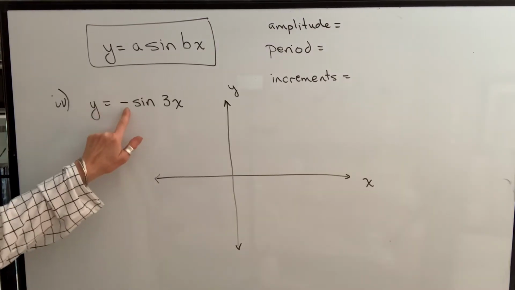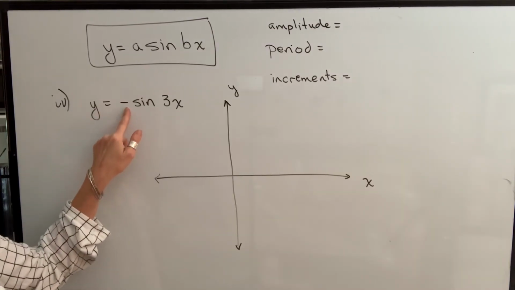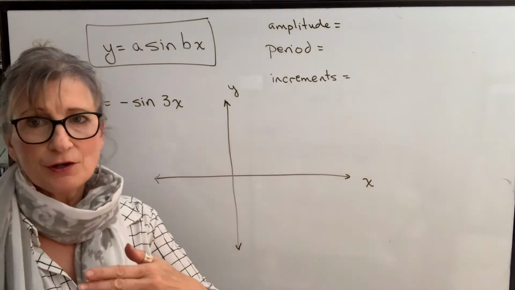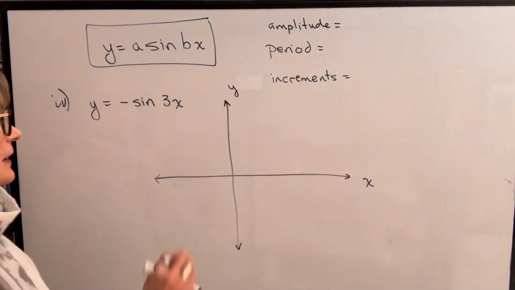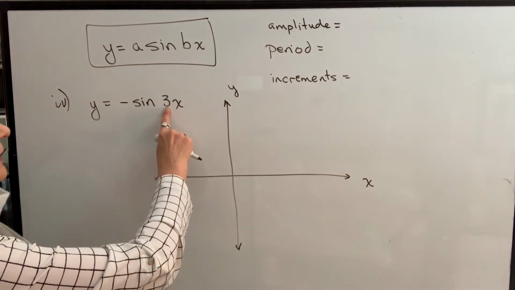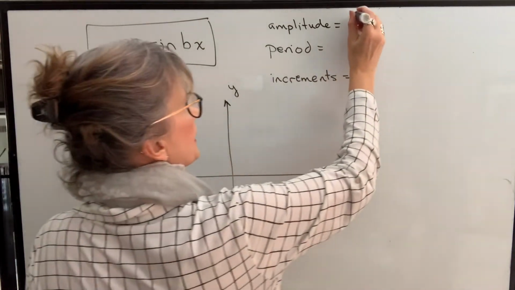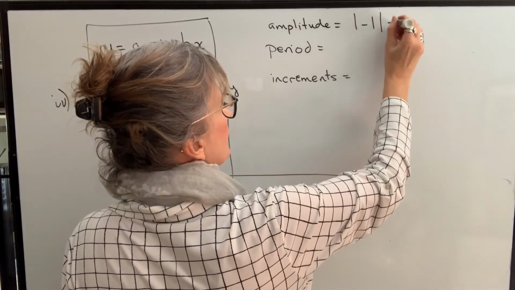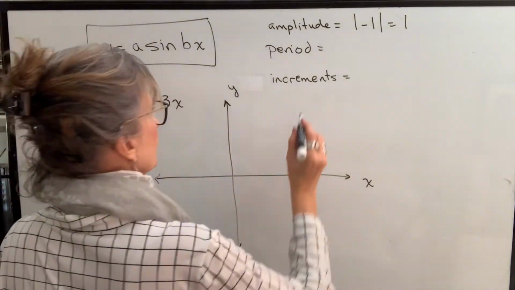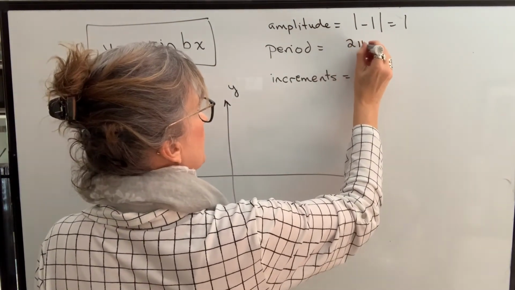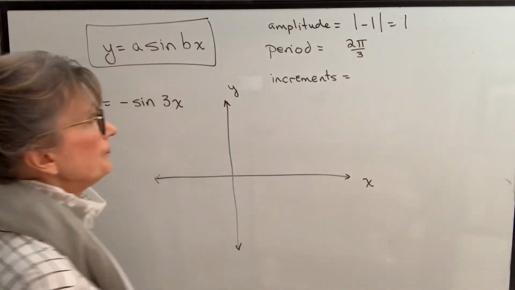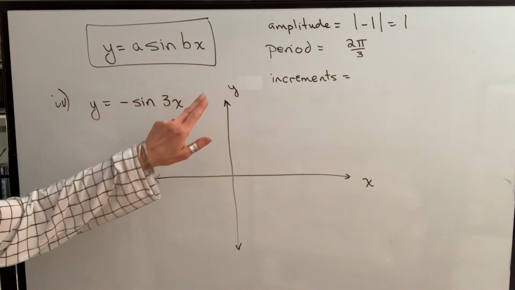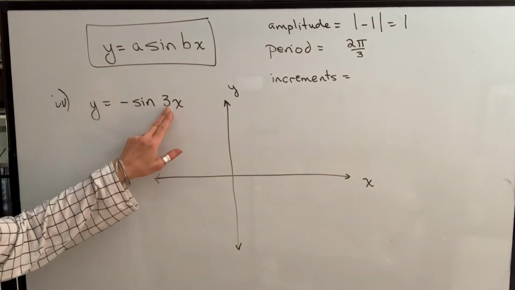Okay, in this example we have a coefficient of -1, which remember flips the graph over the x-axis. We'll try that. And b is 3x. So the amplitude, remember, is the absolute value of a. So the amplitude is 1. The period will be 2 pi divided by 3. 2 pi divided by b, and b is 3.